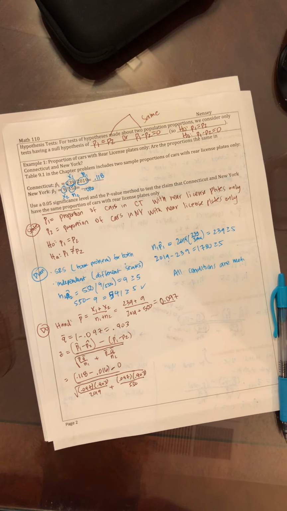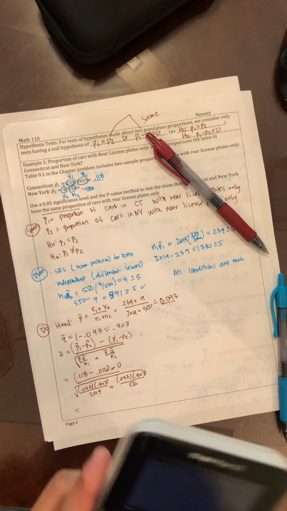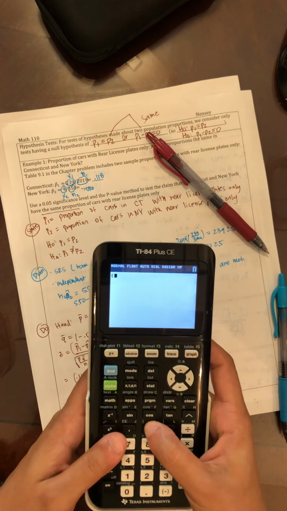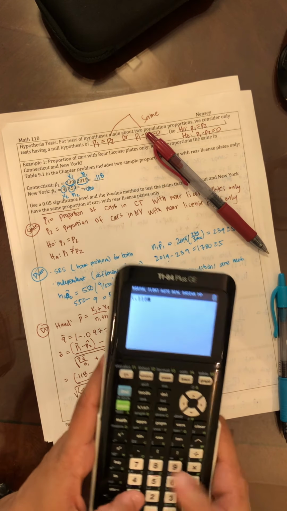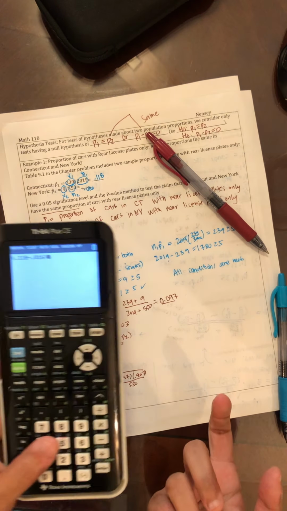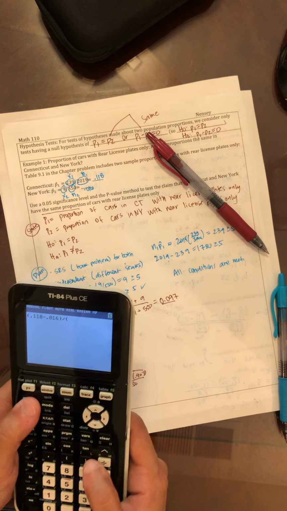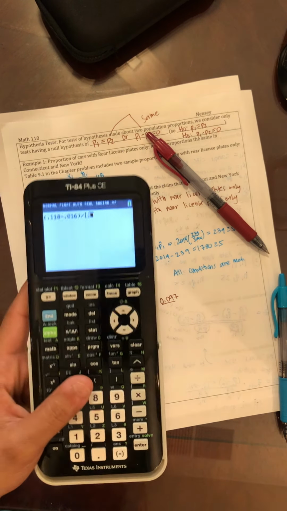And yes, I know it's a lot. Again, I'm going to go ahead and use my calculator very carefully and see if I can get the answer. So I'm gonna do parentheses 0.118 minus 0.106, close my parentheses. I don't have to include the minus 0 because anything minus 0 is 0. And then I'm gonna hit divide and open another parentheses and write my radical stuff.